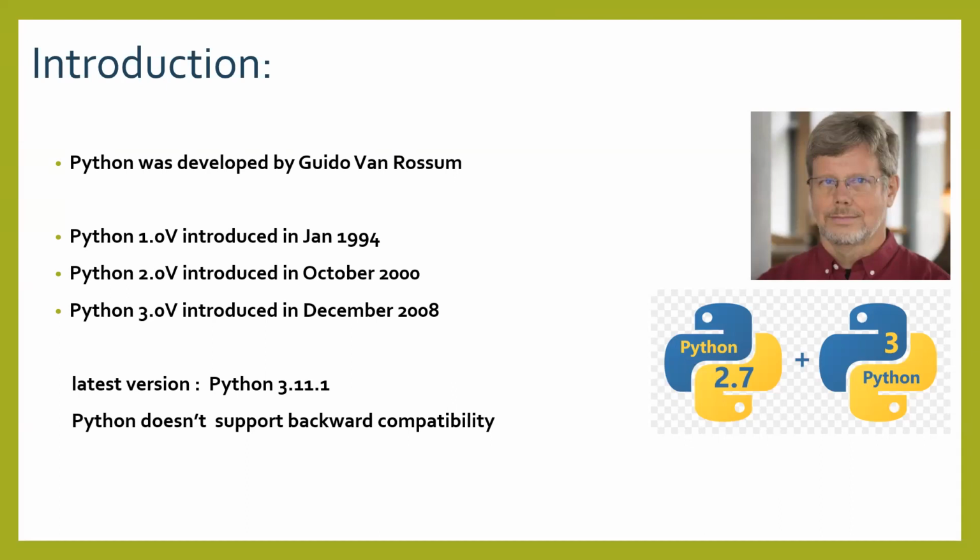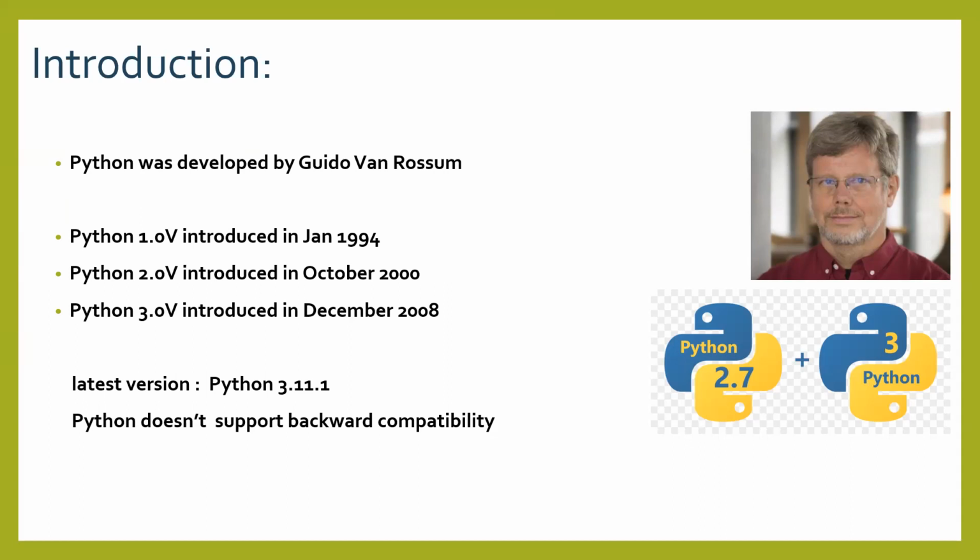If there is any update, we simply go to the Play Store and update it. The existing features are still there, and some additional features are added. But coming to Python, whatever program is written in Python 3 will not be supported by Python 2, and vice versa. If I write a program in Python 2, it will not be supported by Python 3.